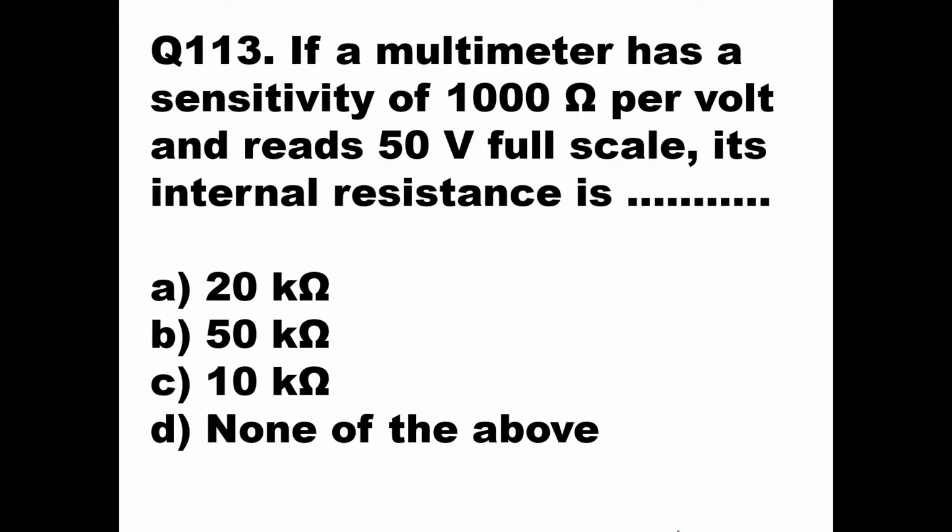If a multimeter has a sensitivity of 1000 ohms per volt and reads a 50 volt full scale, then what is its internal resistance? So here we can see that sensitivity can be given as 1 upon full scale deflection of current.